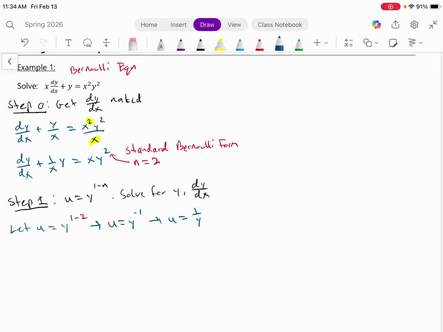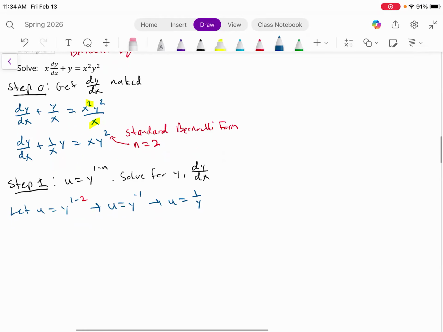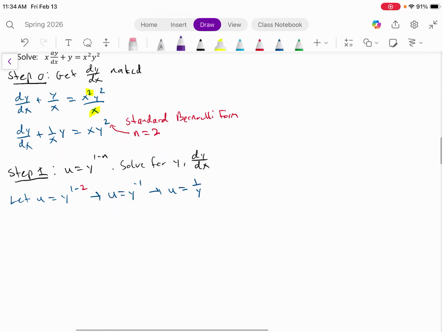This is u equals 1 over y. Okay, so when we, in step 1, start to set up our substitution terms, we have to do two things. We have to use calculus and we have to use algebra. So let's look at algebra first.